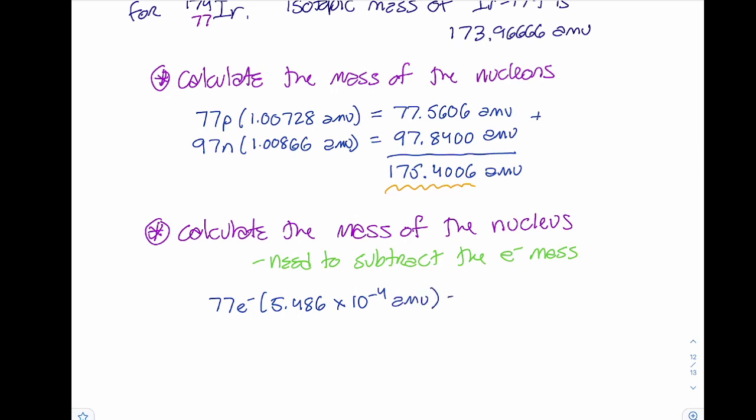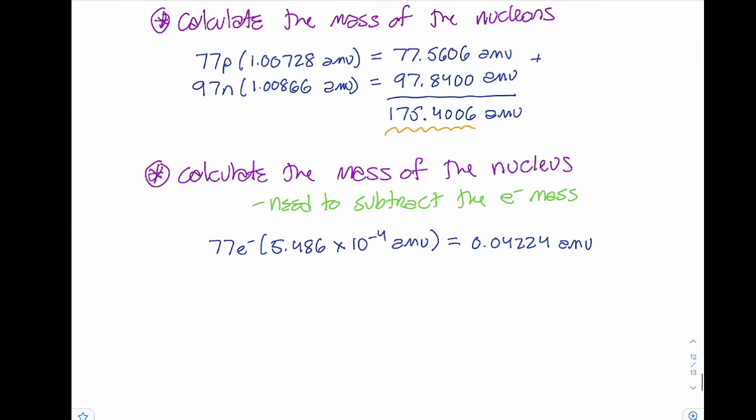Then I grab my calculator and do that math, and I got 0.04224. Again, watch significant digits: 1, 2, 3, 4 significant digits. These leading zeros don't count.